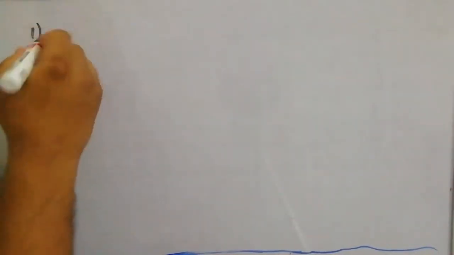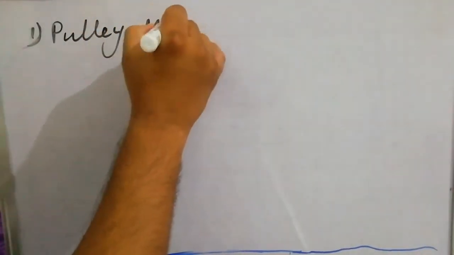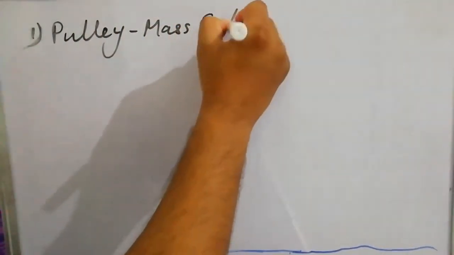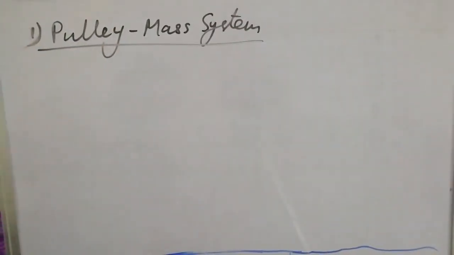First of all, let us see the pulley mass system. What is a pulley mass system? In the pulley mass system, we have a pulley.